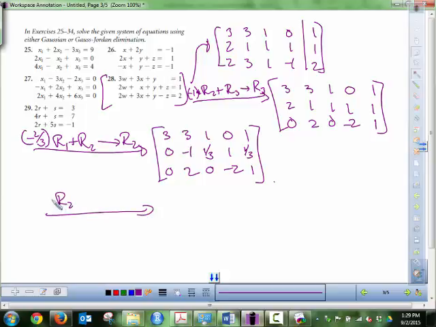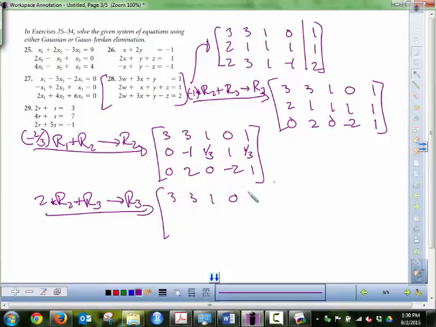So multiply row 2 by +2, and then add that to row 3, and then we're going to replace row 3. 3, 3, 1, 0, 1, 0, -1, a third 1, and another 1/3. And so now, I already put 2 zeros down there because the first 0 is not going to change, and then now I got this set up so that I would actually get 0 for the second one, so that's done.